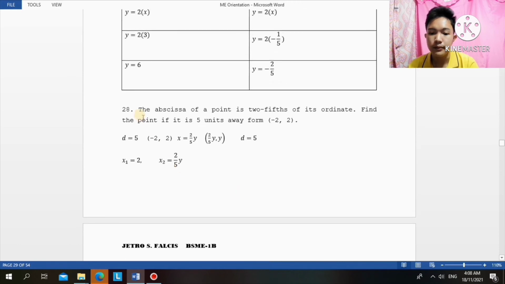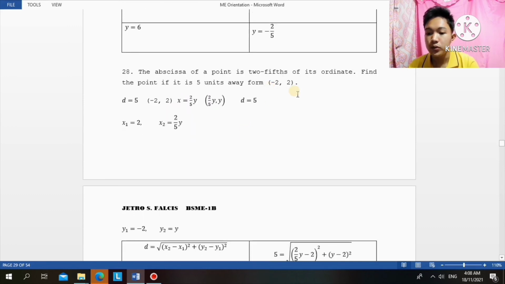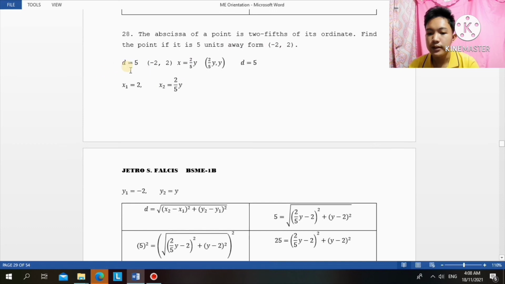So number 28. The abscissa of a point is 2 fifths of its ordinate. Find the point if it is 5 units away from (negative 2, positive 2). So our distance is 5 units. Our point is (negative 2, positive 2).